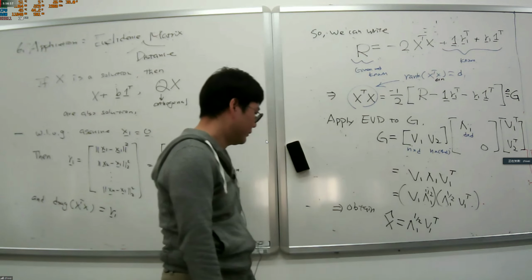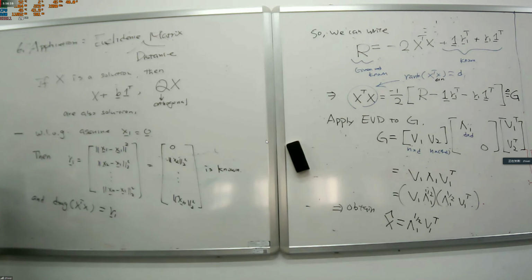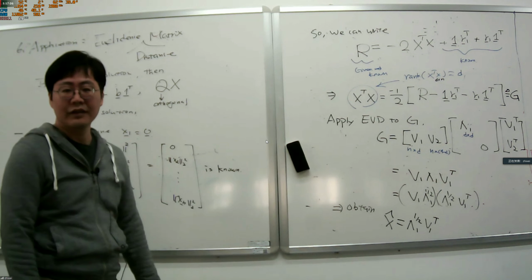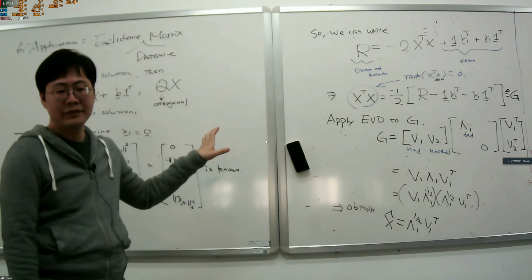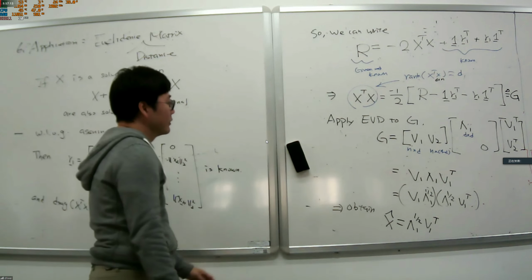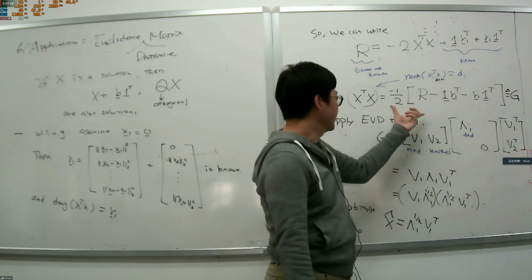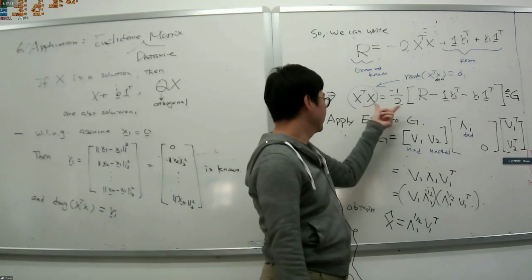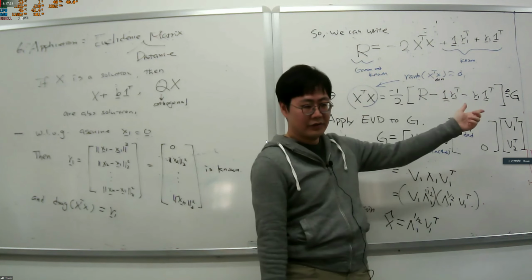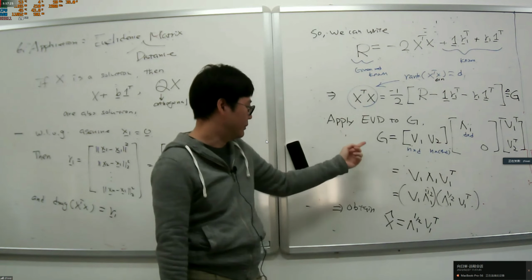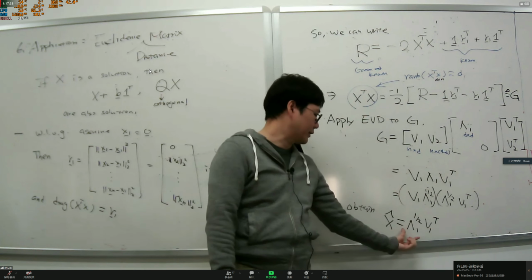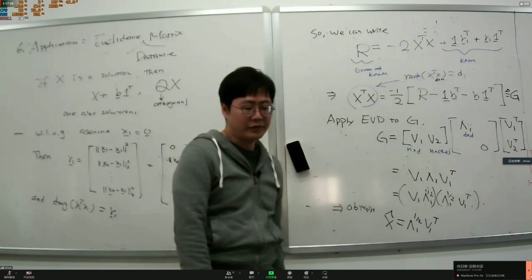So that's it. Of course, this still has a problem. Any questions here? From here, this part is given and X is the square root of G, so we can obtain an estimate of x by EVD, by finding its square root.